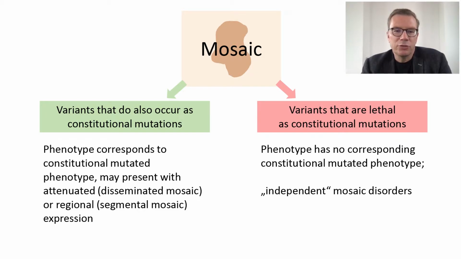Mosaic mutations may be variants that do also occur as constitutional mutations. In that case, the phenotype corresponds to the constitutional mutated phenotype and may present with attenuated features or regional expression.